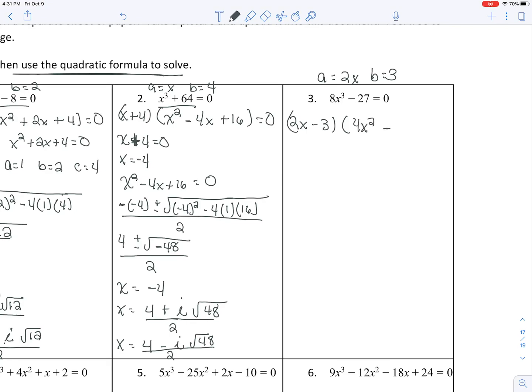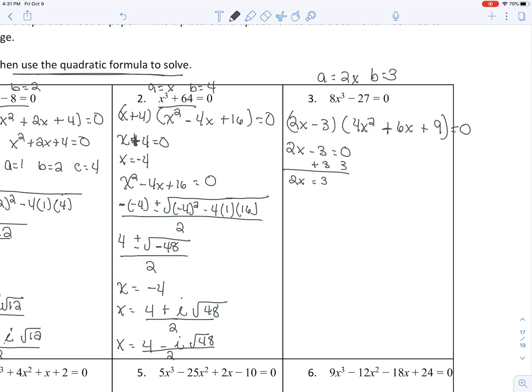Then a squared, so that's going to be 4x squared, plus ab, so that's going to be 6x, plus 3 squared.